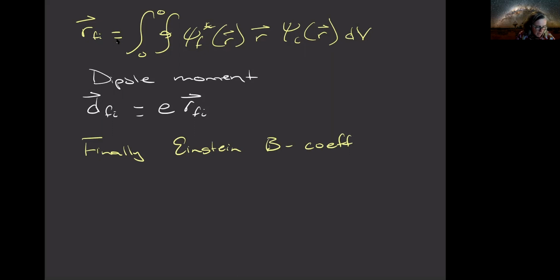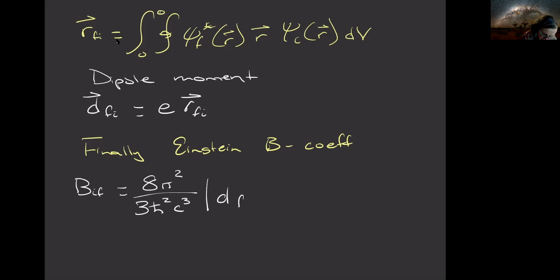So we can finally derive the Einstein B coefficient, which is related to the dipole moment very simply as the coefficient for the transition from the initial to final state is equal to 8 pi squared over 3 h bar squared c cubed times d f initial squared, where that is the magnitude of that dipole moment.